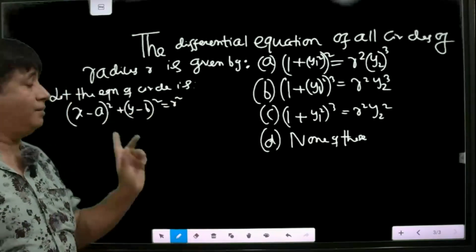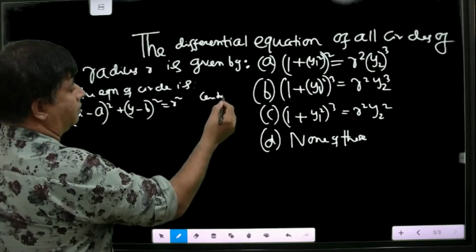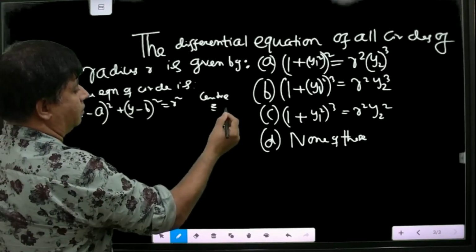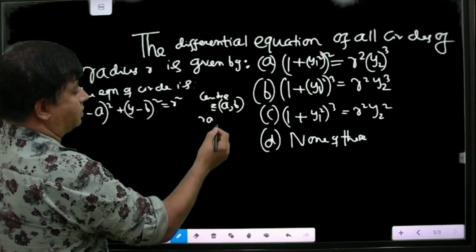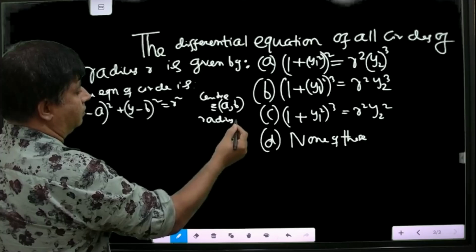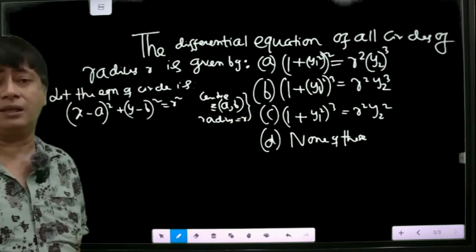What are a and b? Center (a, b). Radius r. So, this is the equation of the circle.